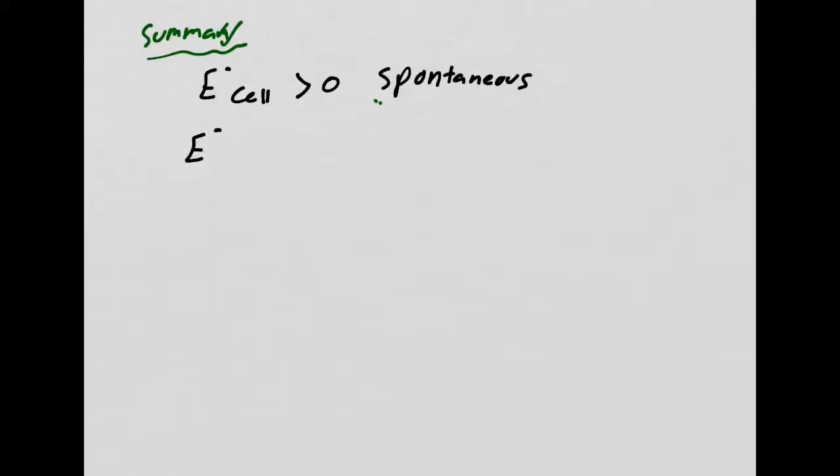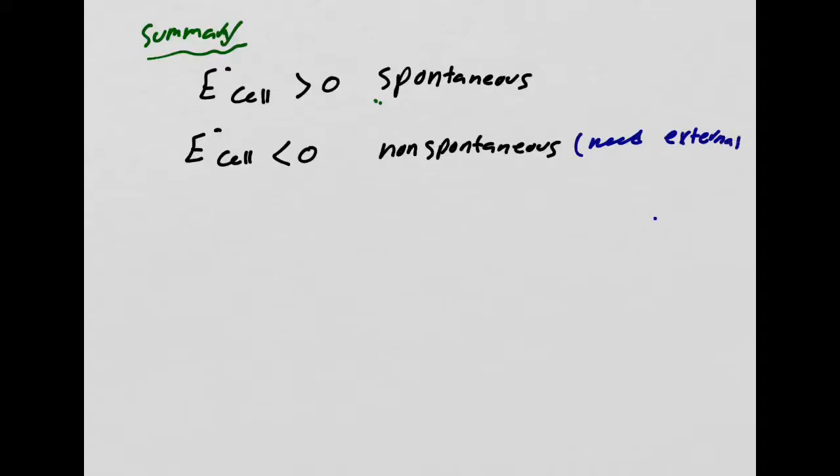If the E cell value is negative, less than 0, that means the reaction is non-spontaneous. If it's non-spontaneous, what does that mean? That means you need an external power supply to make the reaction go. Okay, it's not just gonna happen.